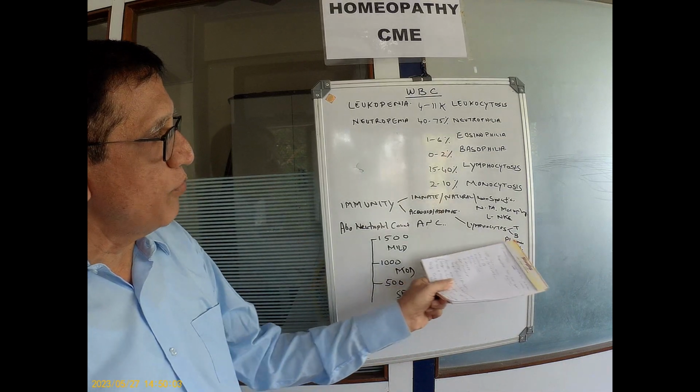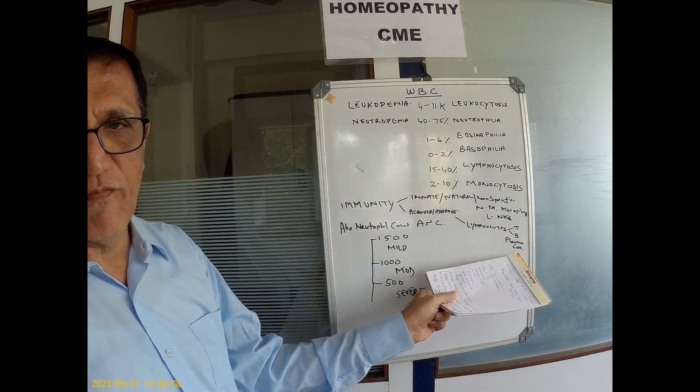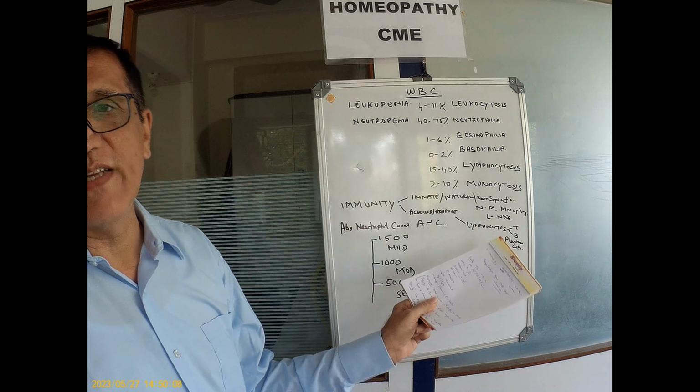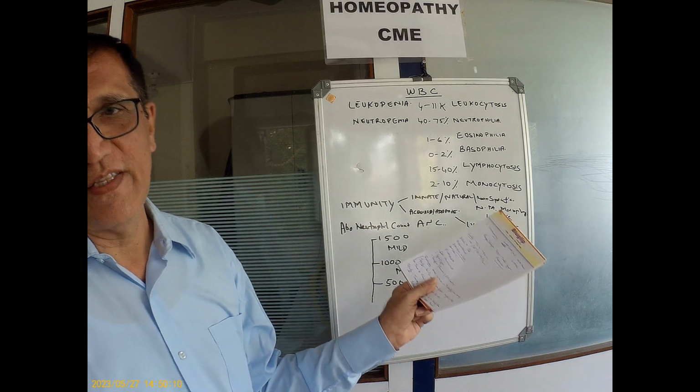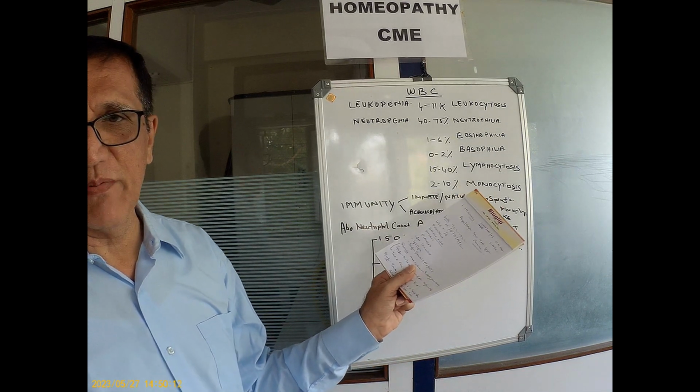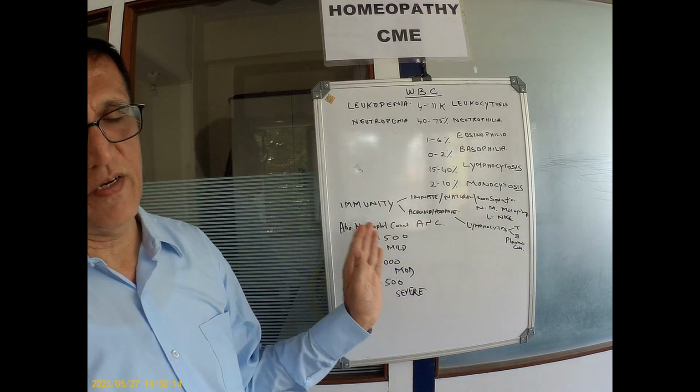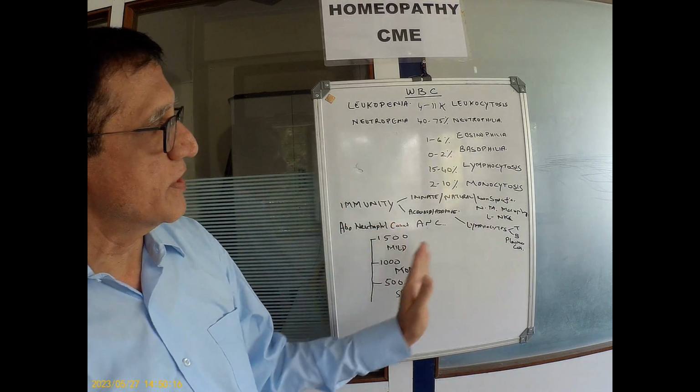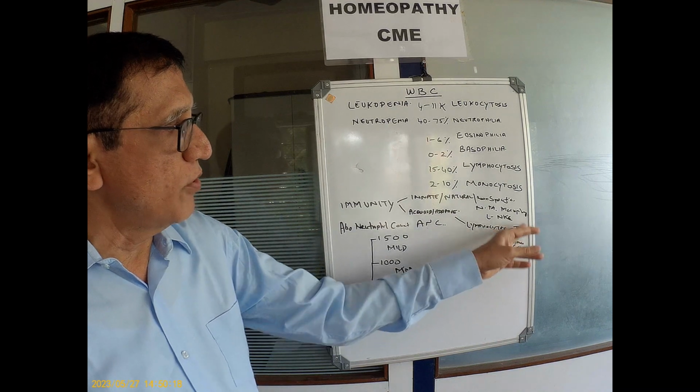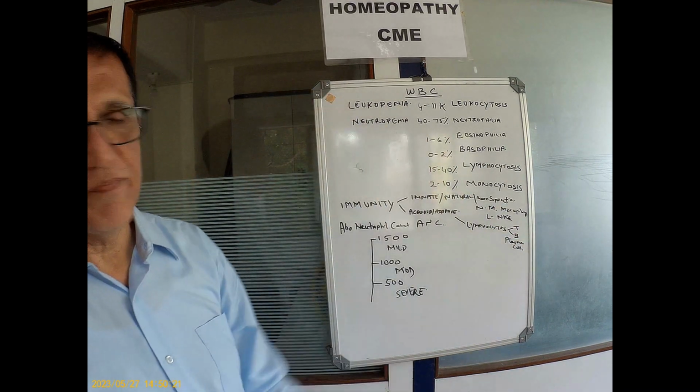This is the antibody mediated, lymphocyte B. The cellular mediated immunity cannot be measured. So we presume that our vaccines, or our infection, have also given us a good amount of cellular immunity.